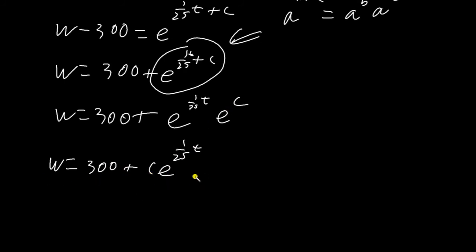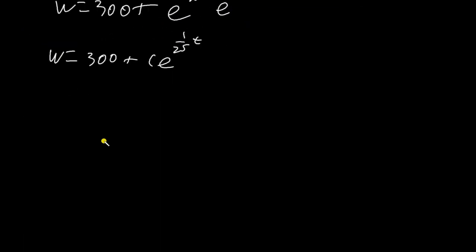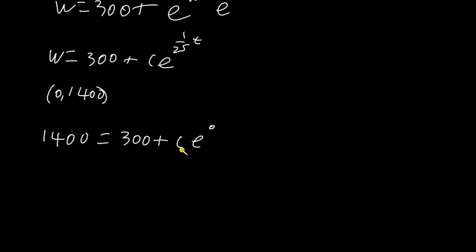Now that we have this, all we have to do is solve for c. And the way we're going to do that is using the initial condition they gave us. Initial condition is w of 0 equals 1400, okay? So we're going to take 0, 1400 and plug it in. So we'll get 1400 for w equals 300 plus c e to the 0. That's going to go to 1.